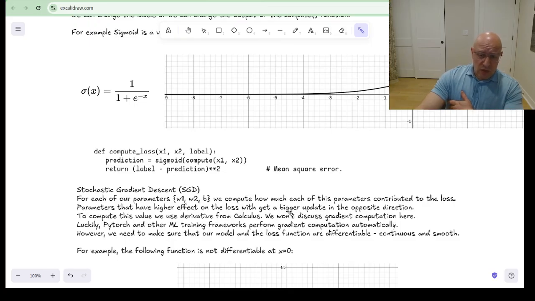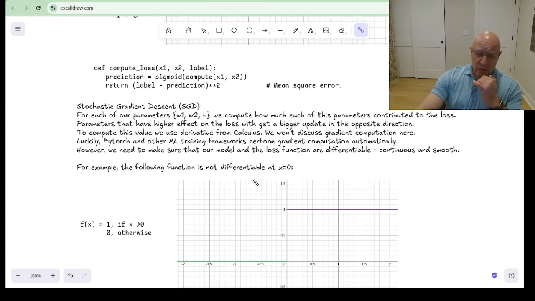The only thing that we need to make sure is that all of our compute functions, the sigmoid and the loss function, all of those computations need to be differentiable. What does differentiable mean? It means that a function is continuous and smooth.